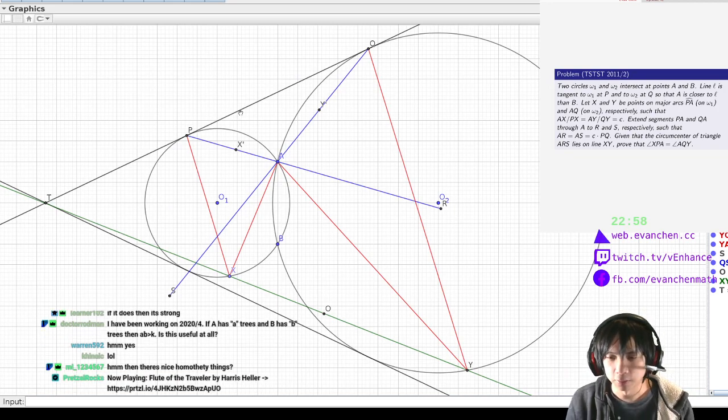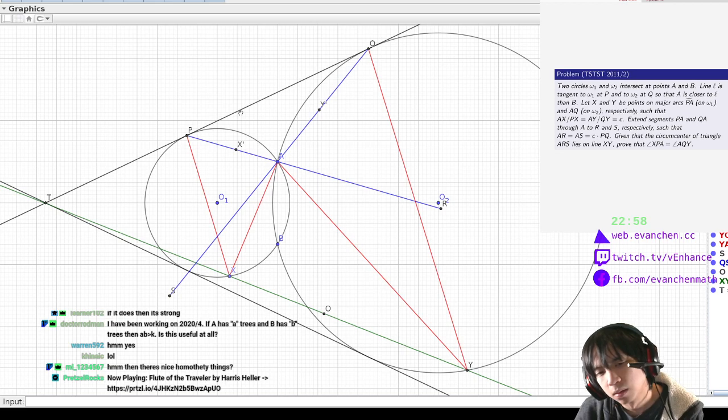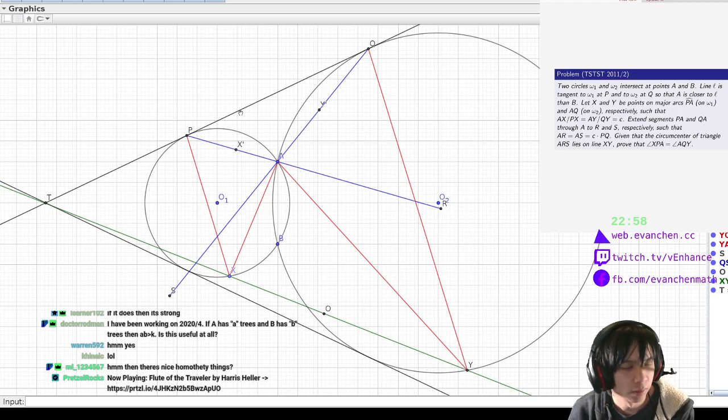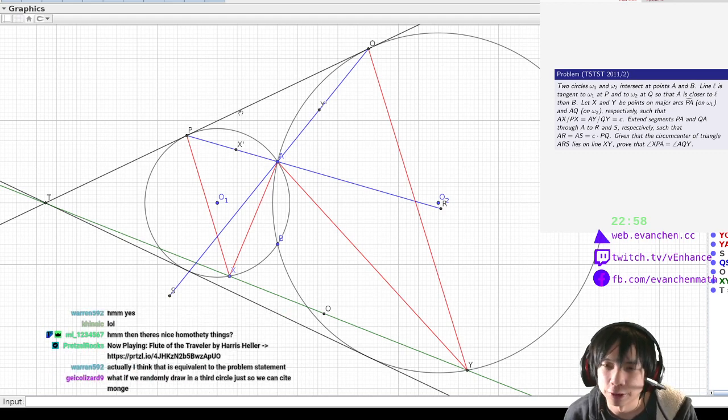Then there's nice methody things. Yeah, I guess X and Y should be images under... That seems too good to be true, actually, now that I'm looking at this. Like P maps to Q and X maps to Y?